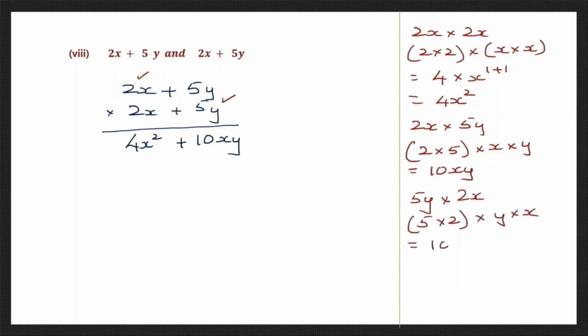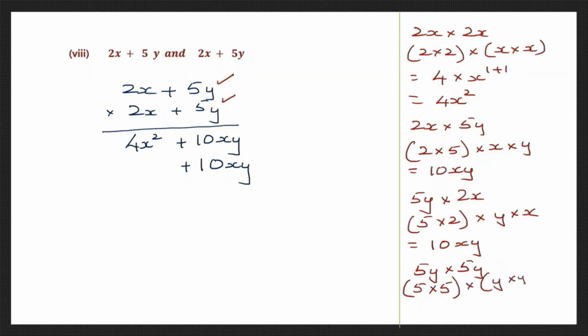Now 5 twos are 10, and then here we'll put it in order x, y. So 10xy, let's put it under the xy column. So that is 10xy. Now we'll multiply 5y into 5y. Numbers will be 5 into 5 and y into y. 5 fives are 25 into y to the power of 1 plus 1, which is 25 y to the power of 2, which we'll write separately here.